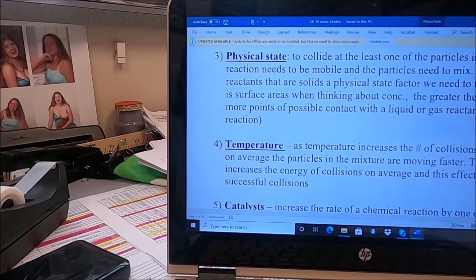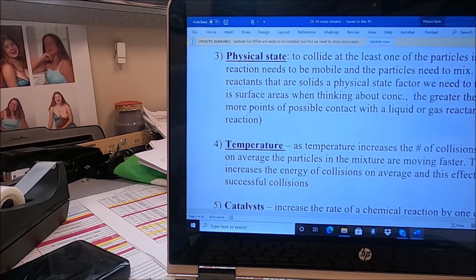If we have a solid that's interacting with a gas or a liquid, the greater the surface area, the more possible points of contact with the liquid or the gas, the faster the reaction. Think about getting a big log to start to burn versus a piece of paper. A flat piece of paper, lots of surface area, burns very quickly. A scrunched up piece of paper is not going to burn as quickly.